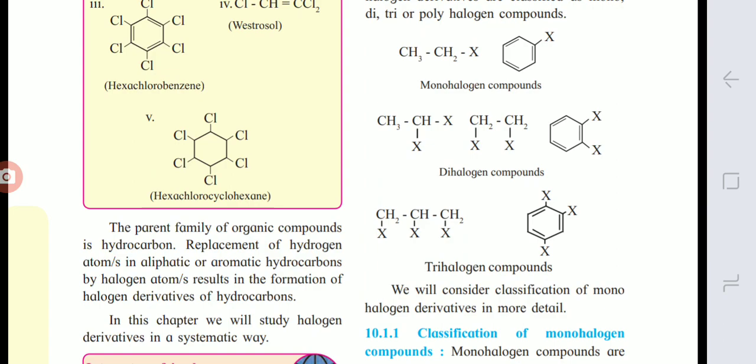So the compounds which can be obtained by replacement of hydrogen atom or atoms in aliphatic or aromatic hydrocarbon by halogen atom or atoms, resulting in the formation of compounds, are called halogen derivatives of hydrocarbon.